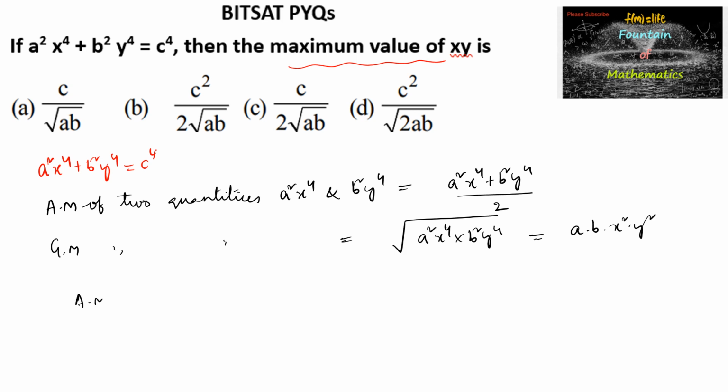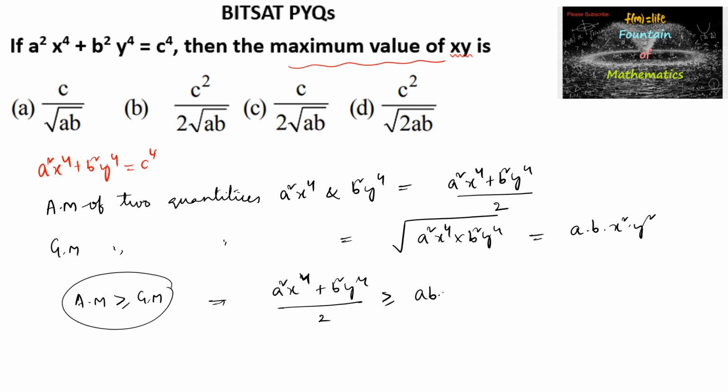And we know that arithmetic mean is greater than or equals to geometric mean. So (a square x power 4 plus b square y power 4) divided by 2 is greater than or equals to a into b into x square into y square. And we know that a square x power 4 plus b square y power 4 is c power 4.